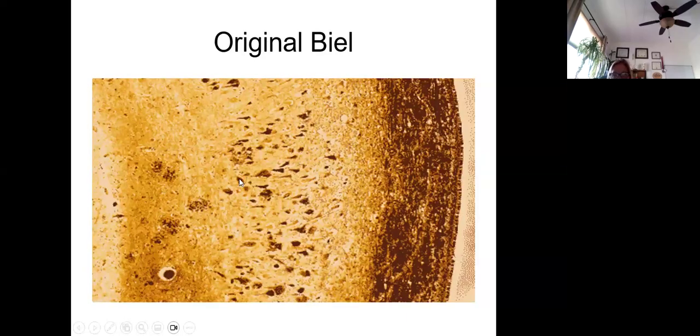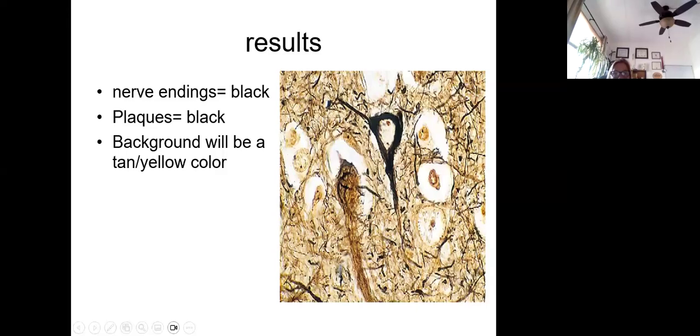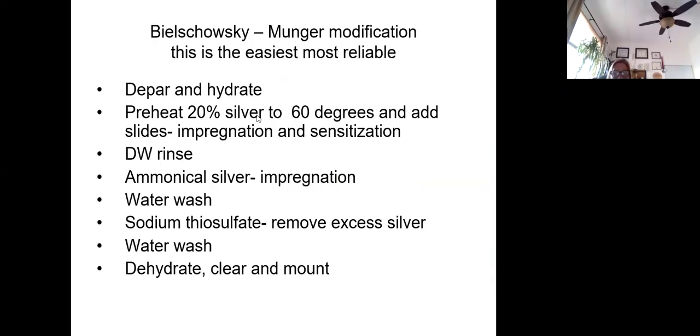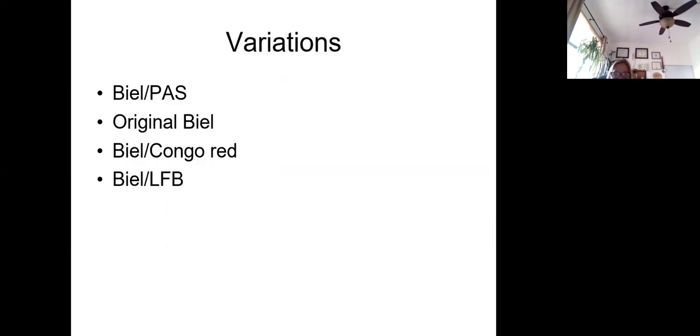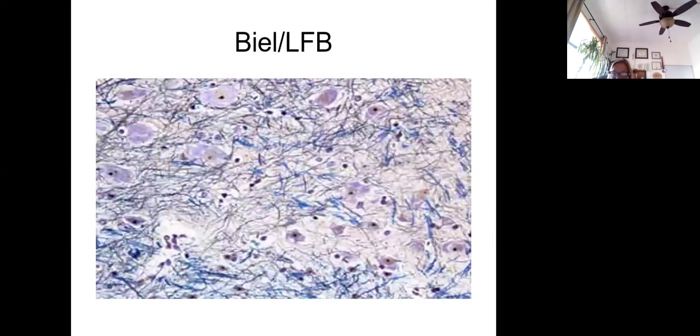This is the original Biel. The original Biel is much darker, it's harder to see, and it's not as reliable as your Biel Munger. So Bielchowski developed the first one. Then Biel and Munger got together and they modified his original one to make it easier.